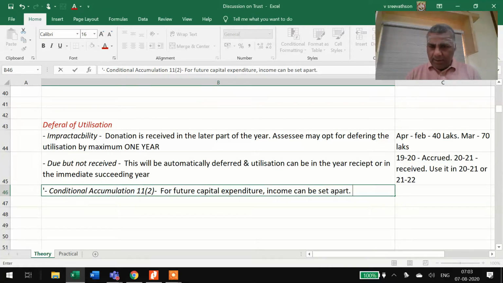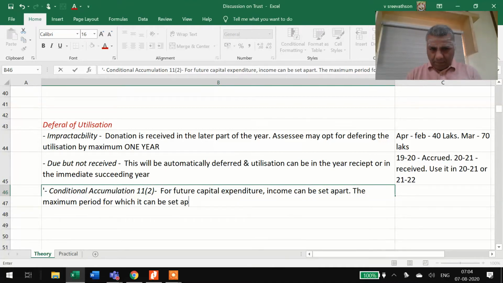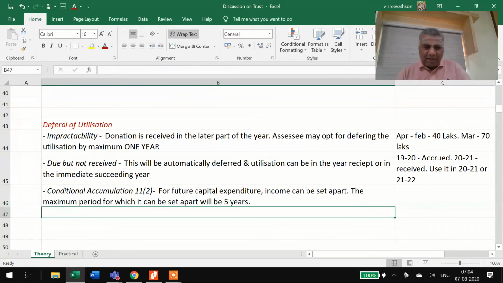The maximum period for which it can be set apart will be 5 years. This is not determined by you. You cannot say it yourself; you should put in the application. The commissioner will say, okay, I will allow you conditional accumulation of 2 years, 3 years, or the maximum the commissioner can allow.